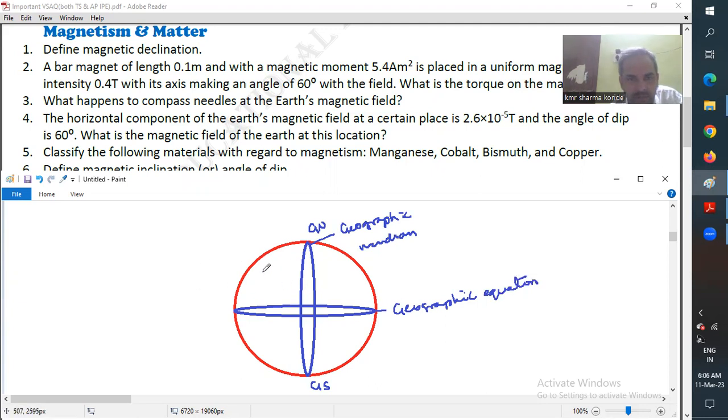Now let us draw one more plane. This is going to be the magnetic meridian. Otherwise you can draw it a little neater also. So this is the magnetic meridian, and this is earth magnetic north.